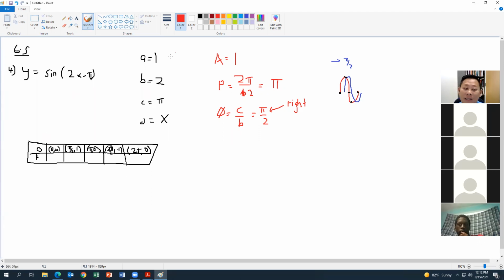Just now, someone asked me about the starting and ending point. The starting and ending point is where you take your bx minus c equal to 0, because you start at 0 and it ends at 2 pi. So what is your bx minus c in this case?